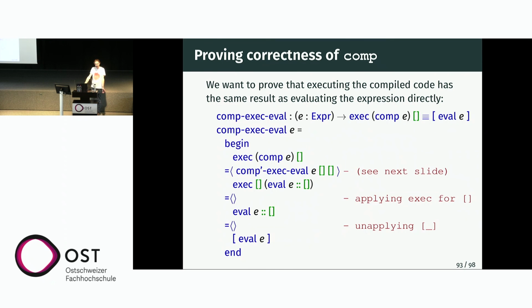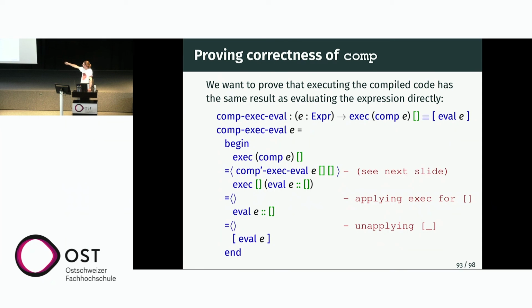And then to prove correctness, well, what do we have to do? We have to prove that executing the compiled code on an empty stack is the same as pushing a single number to the stack, which is the result of the evaluator, right? And so the way we prove this is equational reasoning, and with some lemmas and induction proofs.